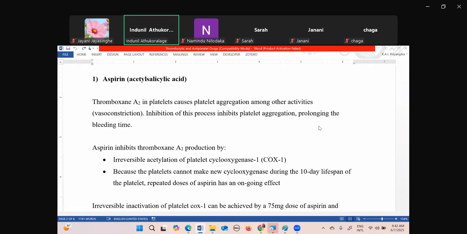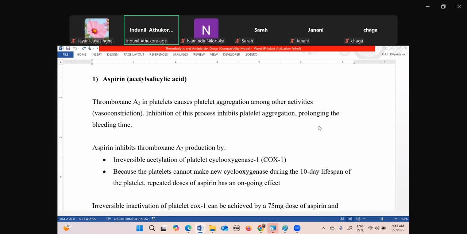Okay. So now, from arachidonic acid, thromboxane is formed. In the process, COX-1 is an enzyme, and COX-1 is inhibited by aspirin. So thromboxane A2 will not be produced, and aggregation also will get inhibited, right? So what is the difference between low dose and high doses? At low doses, this inhibition of COX-1 is irreversible.